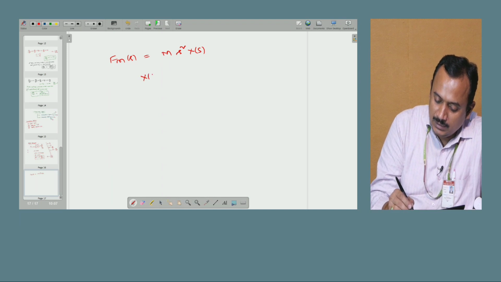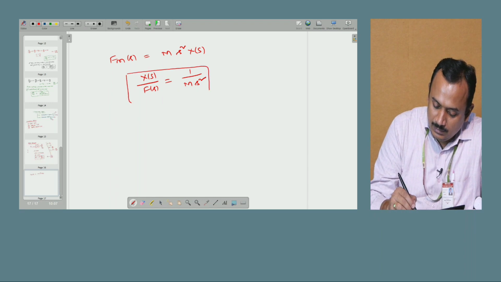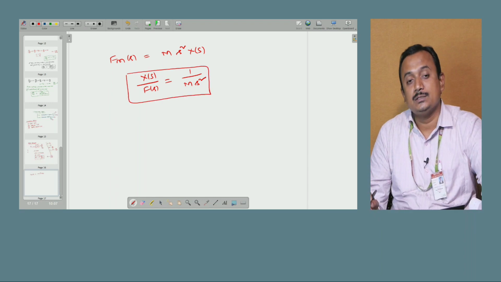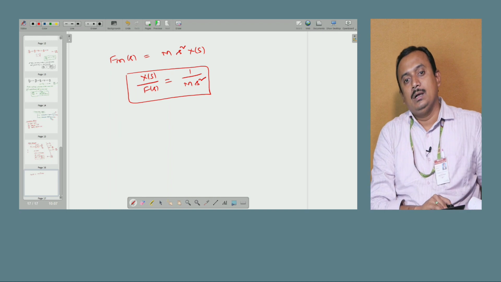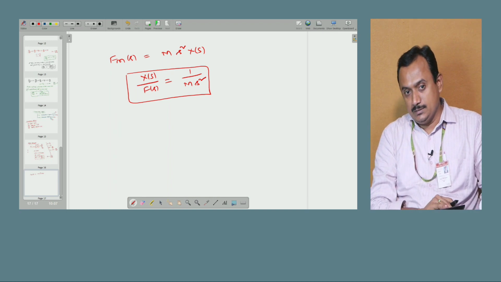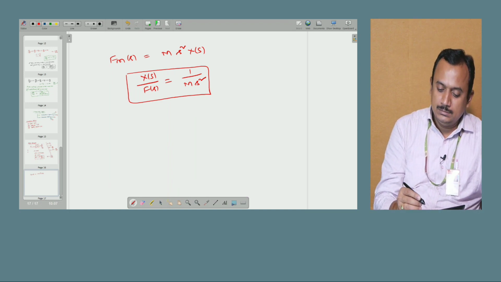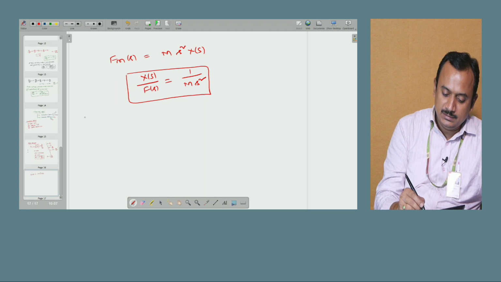Now the transfer function x of s by F of s is written as 1 by m into s square. This is the transfer function for a simple mass element. Now secondly, let me consider a spring constant.